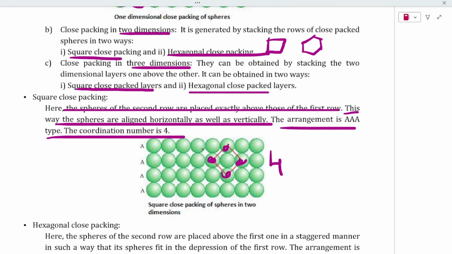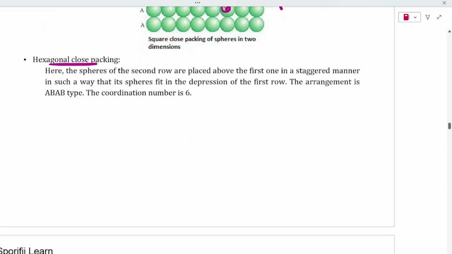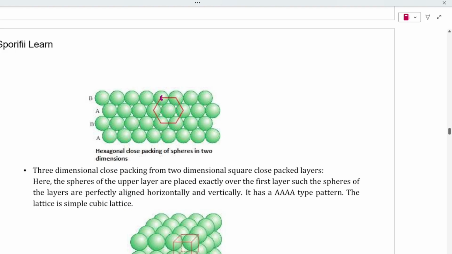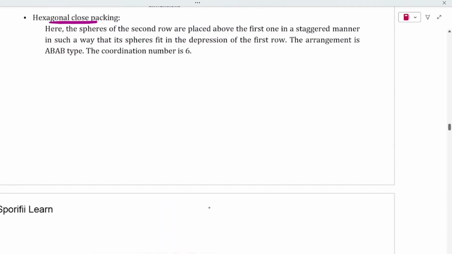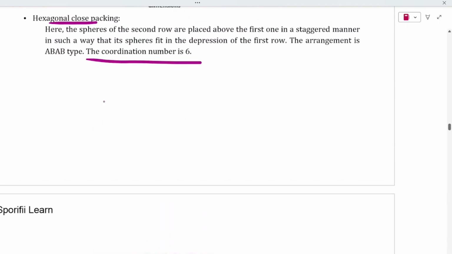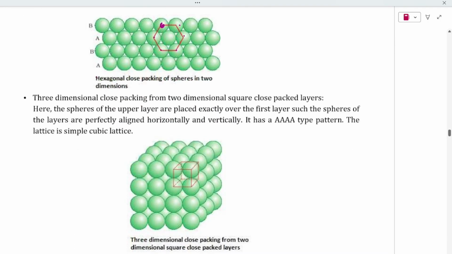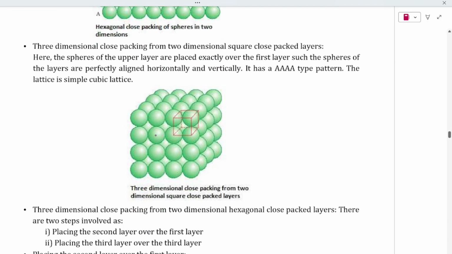So 4 is the coordination number of this square close packing. If you see hexagonal close packing, here it is 1, 2, 3, 4, 5 and 6. 6 is the coordination number and it is AB type. The arrangement is AB type and they fit into it. If you see 3 dimensional, you can see this is a cube. As you can observe, the shape itself suggests it is a cube, right?